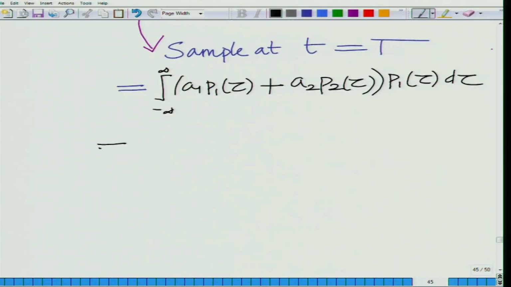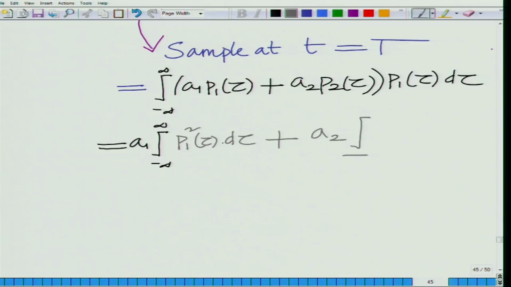Now if you look at this, I can split this into two integrals: A1 integral from minus infinity to infinity of P1 tau into P1 tau, that is P1 square tau d tau, plus A2 integral from minus infinity to infinity of P2 tau P1 tau d tau.